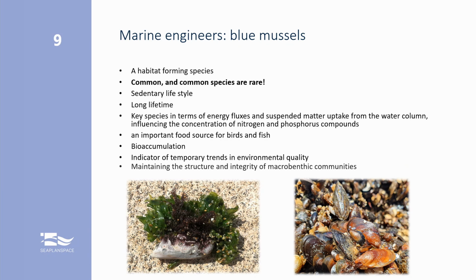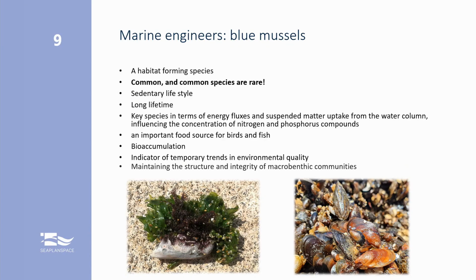They are also able to influence the concentration of nitrogen and phosphorus compounds, and through respiratory activities, they are able to filter an enormous amount of pollution. So they are also known as a species which is readily bioaccumulating. That means there is a certain concentration of particular compounds, some of them toxic, in the tissues.